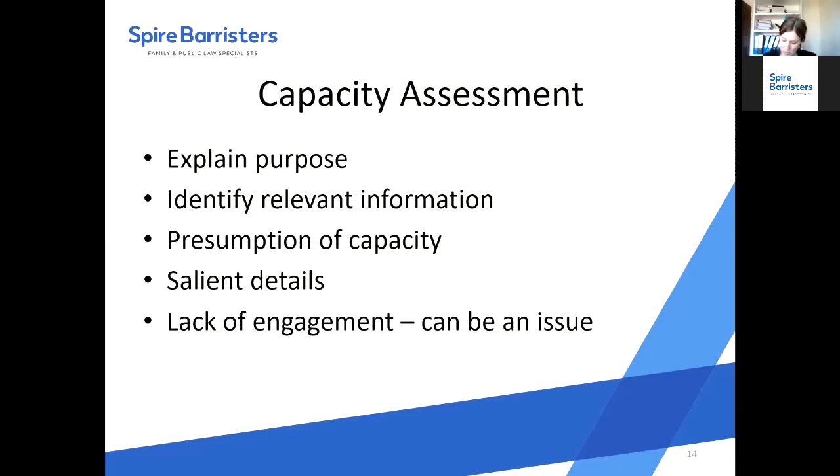Similarly, in Wandsworth CCG and IA in 2014, there were issues with engagement, and they actually tried to work through this problem with P, and they found an assessor that P was willing to engage with. So again, that's something to think about. If you're struggling to conduct an assessment at all, what else can be done?